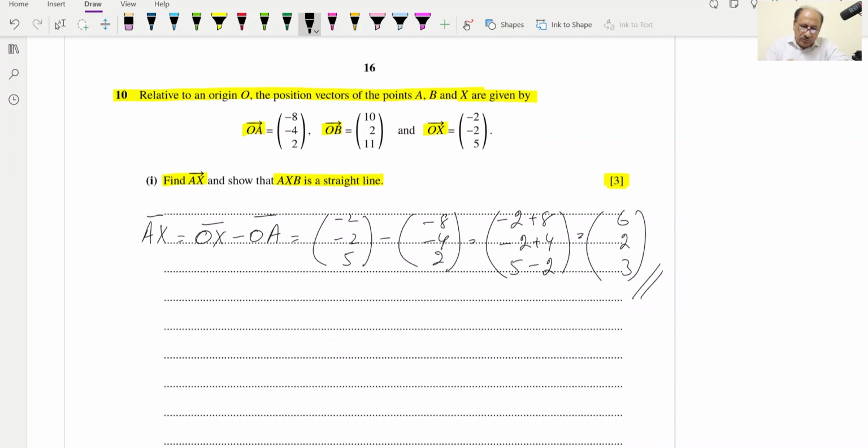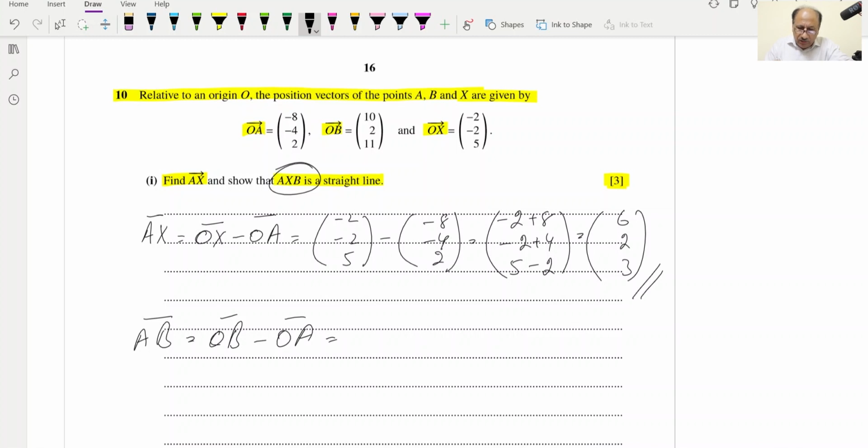And the next thing is what? The next thing is we need to prove that AXB is a straight line. So we will find AB. AX we already have. Now we will find AB, and the AB vector will be OB minus OA.